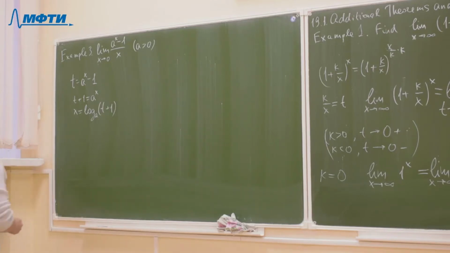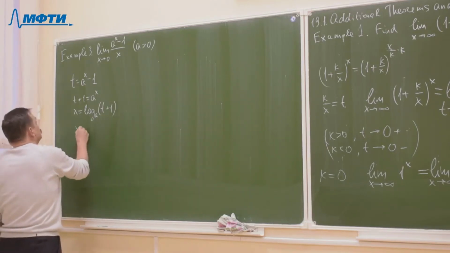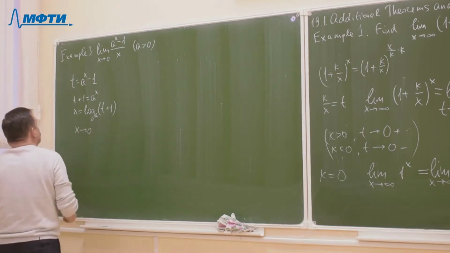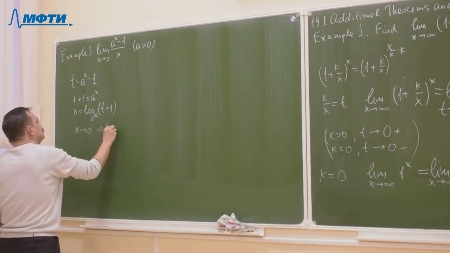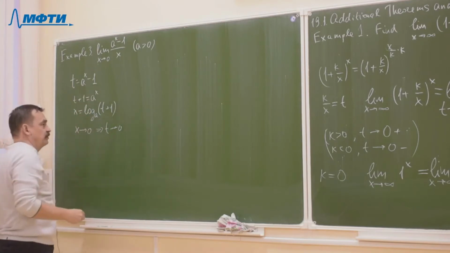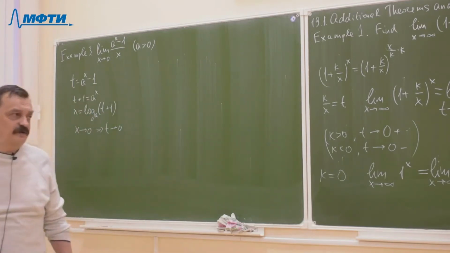Then if x tends to 0, then t tends to 0 as well, because of continuity of the exponential function.